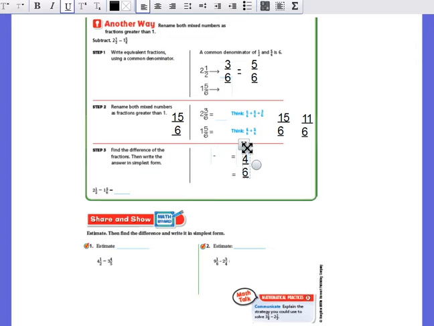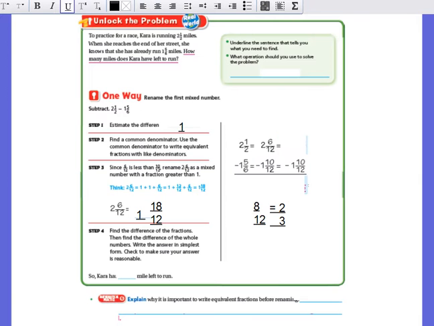Now if I look at this, it's still not in its simplest form, so what can I do with it? Well, I know I can divide them both by 2, so if I divide them both by 2, I get 2/3, which is the same as the answer I got back here, 2/3.